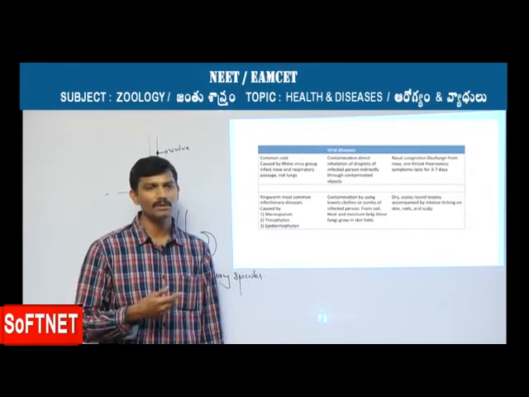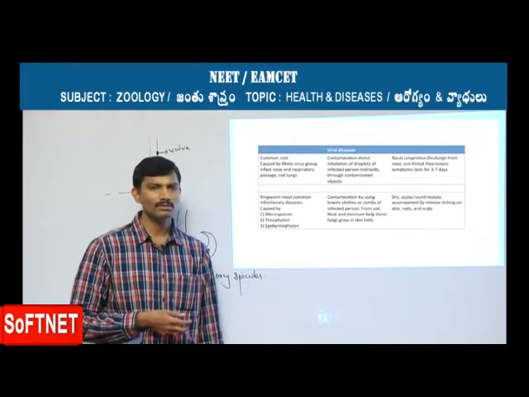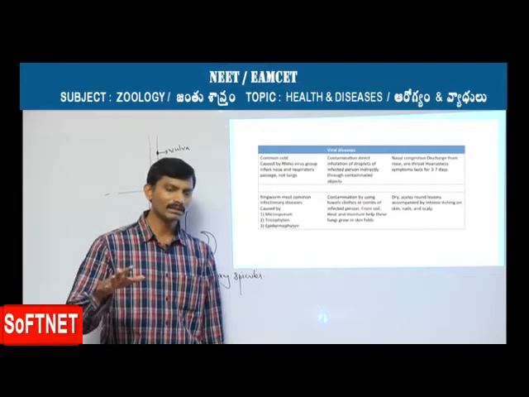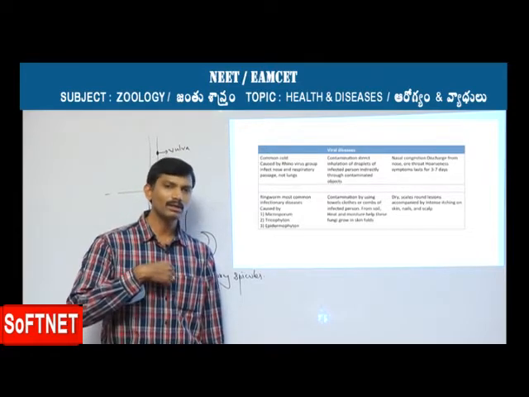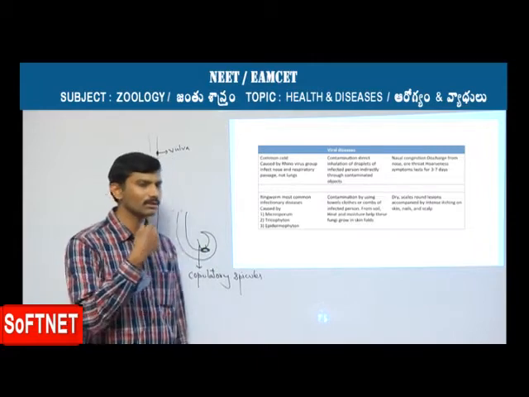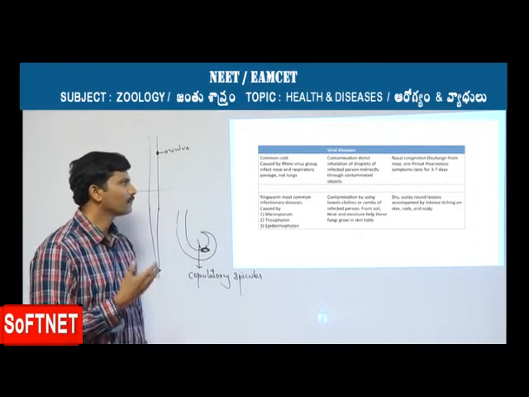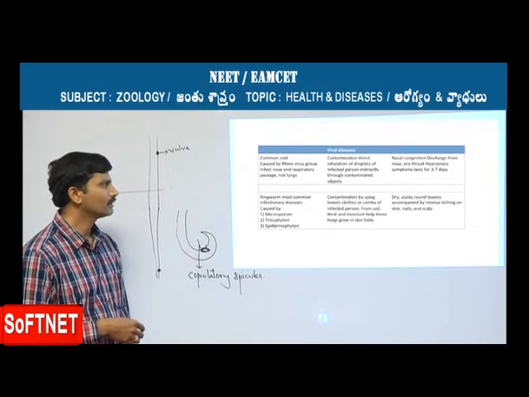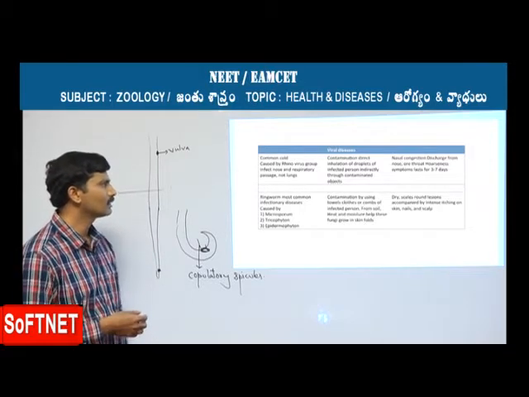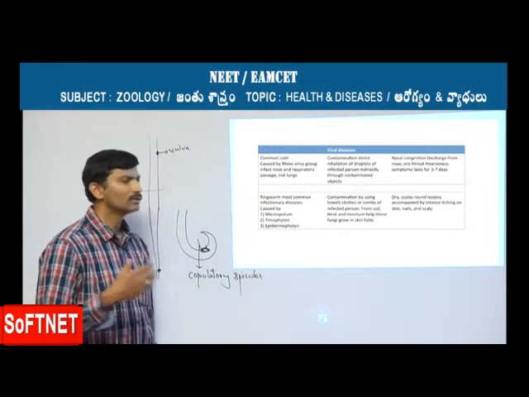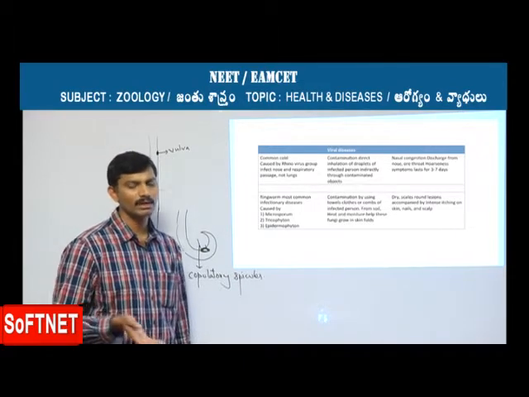Many people misconstrue that the common cold affects the lungs, but it is not related to the lungs. It is present only in the respiratory passages, from the nostrils till the trachea or bronchi. It mainly spreads through direct inhalation of contaminated droplets from the infected person, and also through contaminated objects.